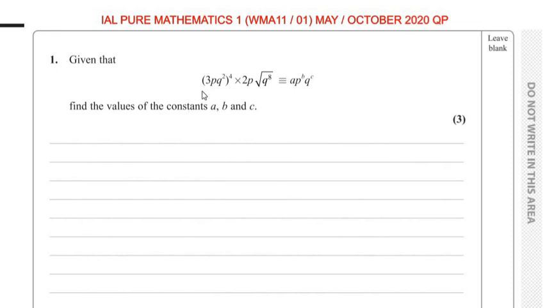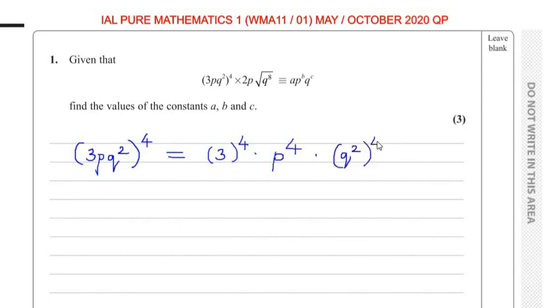Here for the first term, let me write it as (3pq²)⁴. Over here we have to distribute this 4 to 3, to p and to q independently. So it becomes 3⁴ times p⁴ times (q²)⁴.